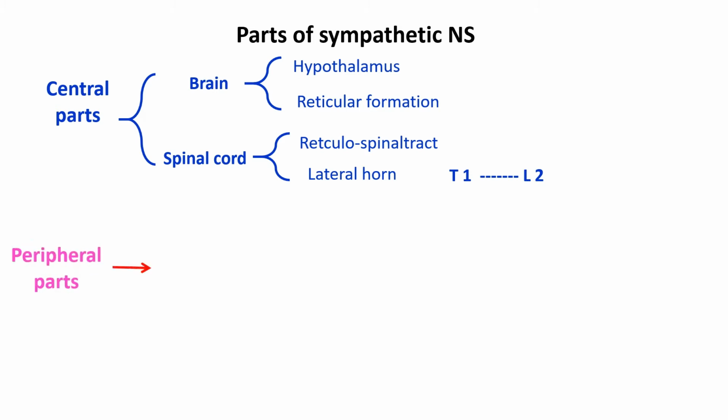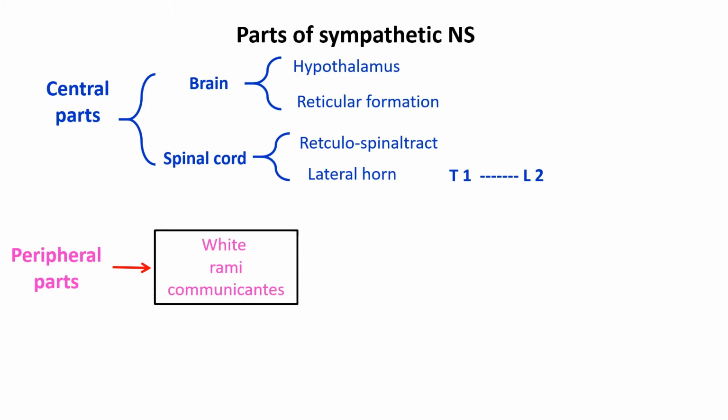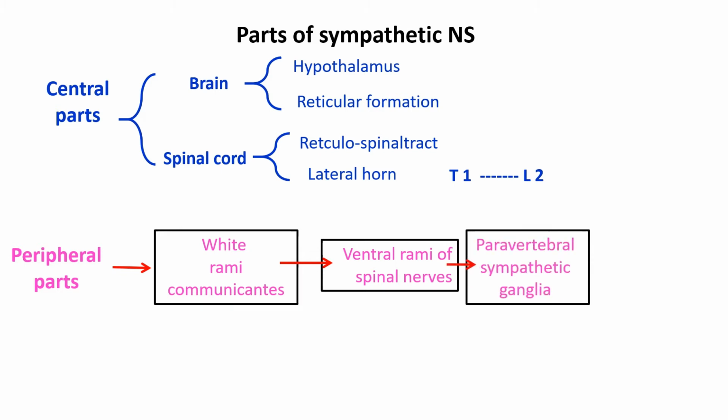What about the peripheral parts? First of all, white rami communicantes leaving through the ventral roots of the spinal nerves, and then we have the ventral rami of the spinal nerves.